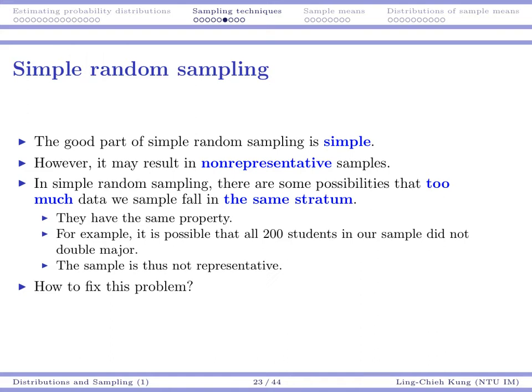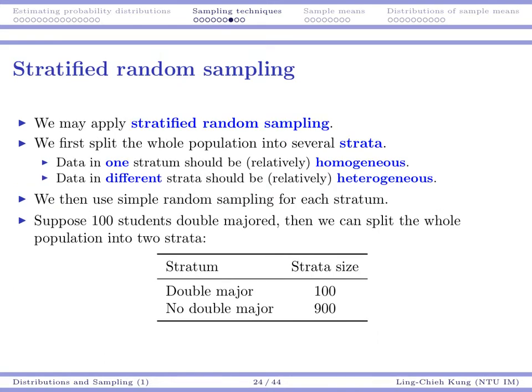Okay? So that means I need to have the concept of stratum or strata, which means that I know my data can be split into several strata, and in each stratum I want a few values, and typically the number of values is proportional to the size of the stratum. So that gives me stratified random sampling.